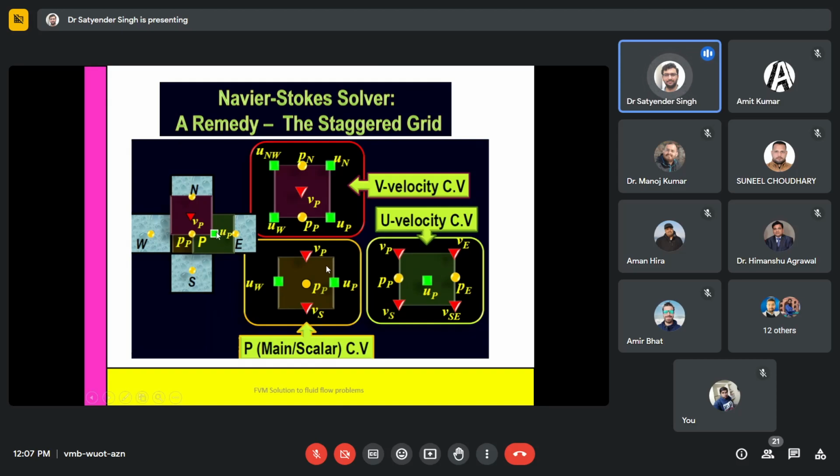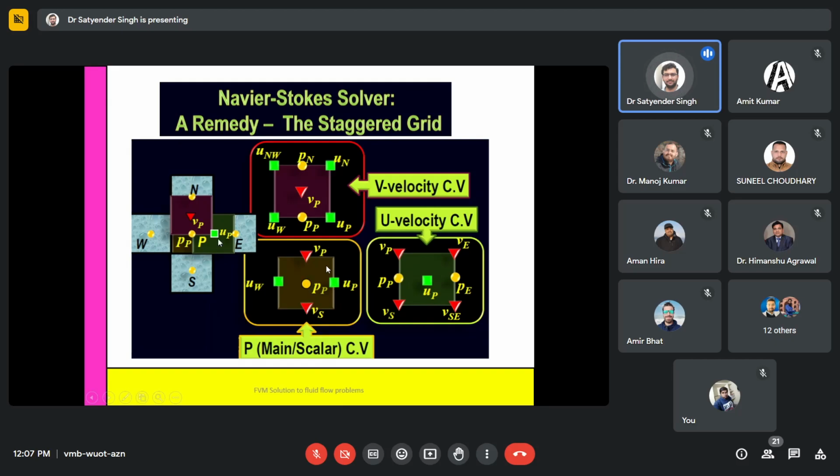So first consider for the p. Let's say I take separately for the p a cell center and represent it here. You follow my cursor then. If p is resting at the center, then on its control surfaces we are getting u velocities and v velocities.